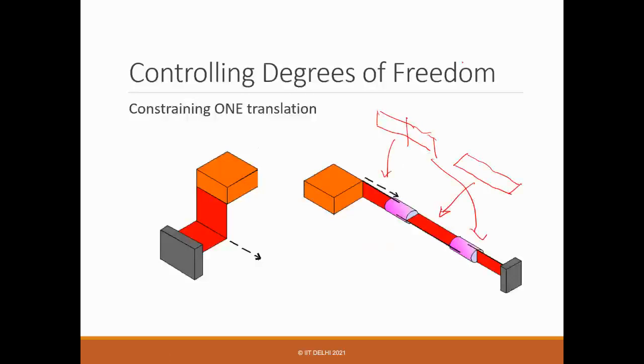But what you will get is, when you assemble them, the intersection of the two planes, and that intersection line is the constraint line, the direction along which these two bodies will be constrained. So this is also an implementation, and that's how you can constrain one translation.